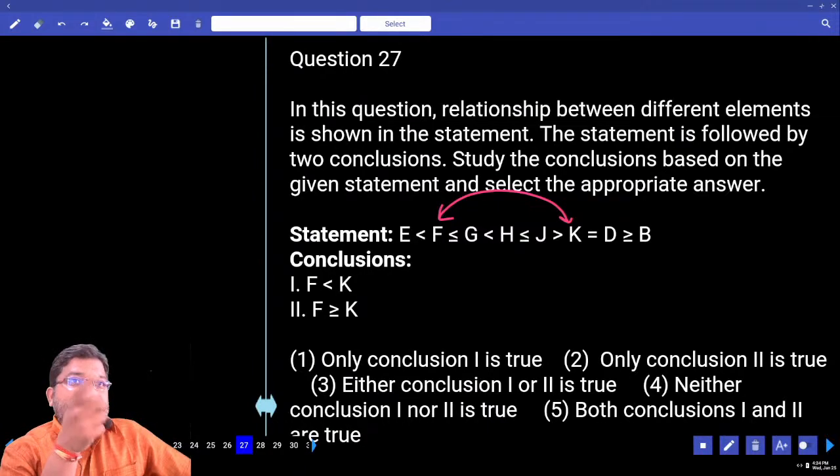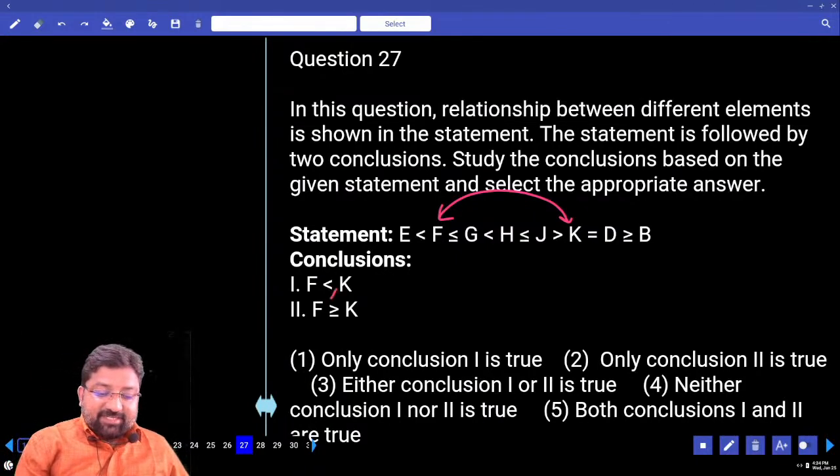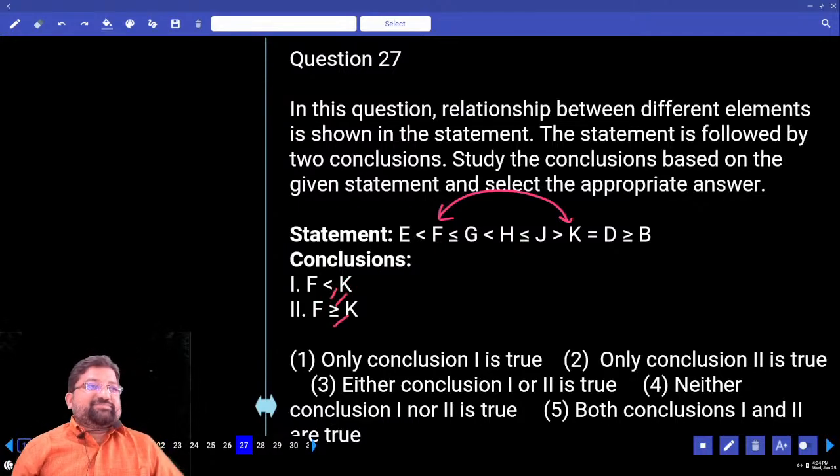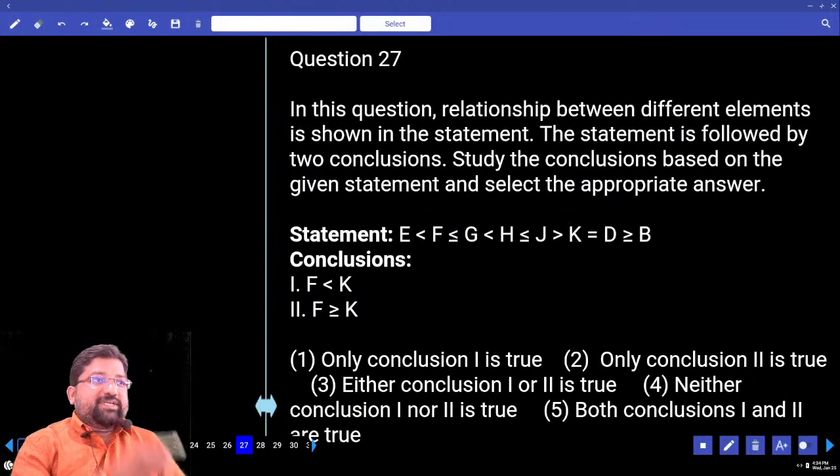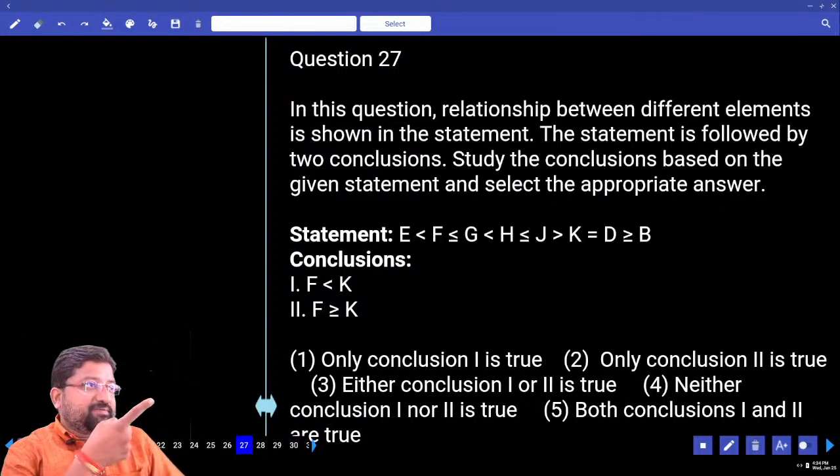F can be less than, F can be greater than, or F can be equal. Right? It has not given only one. Less than is possible, greater than is possible, equal is possible. Then what should the answer be? Either 1 or 2. Clear? Any doubts? This we will clearly explain to you in your class.